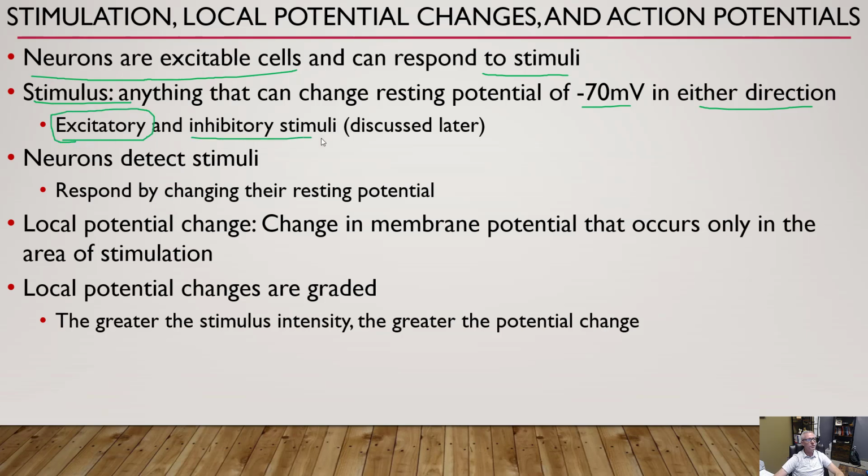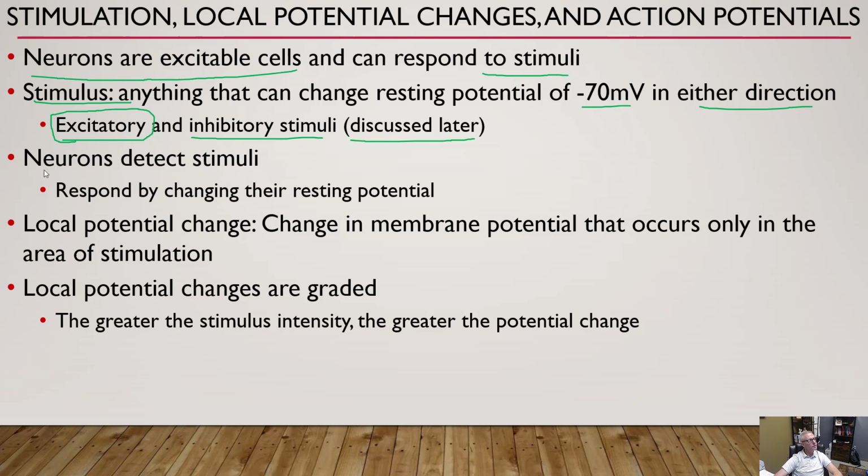But we can also have an inhibitory stimulus, which we'll talk about later. We have neurotransmitters like GABA that will inhibit neurons from being fired, which we'll talk about later. But for the next several slides, we're only going to be talking about excitatory stimuli.